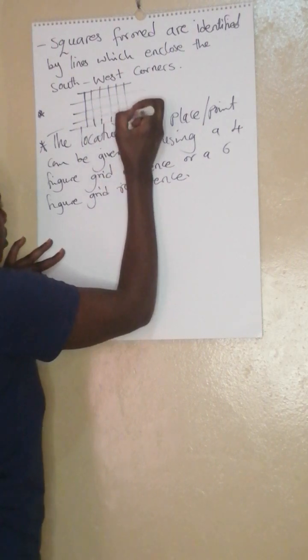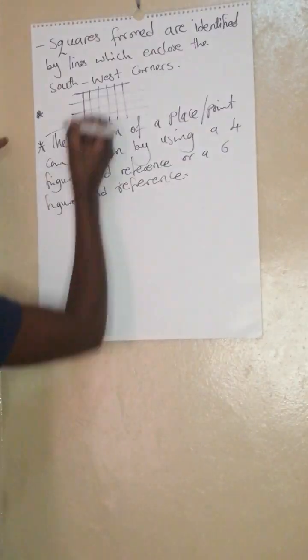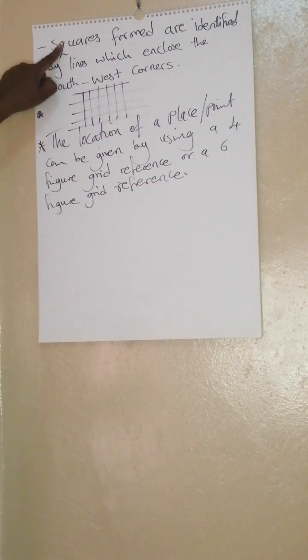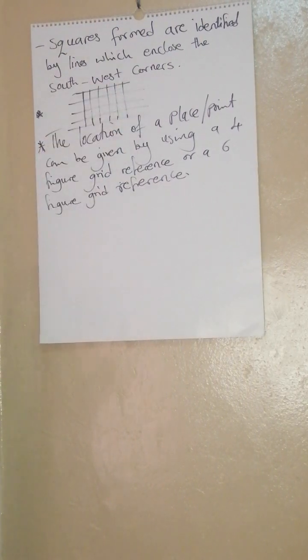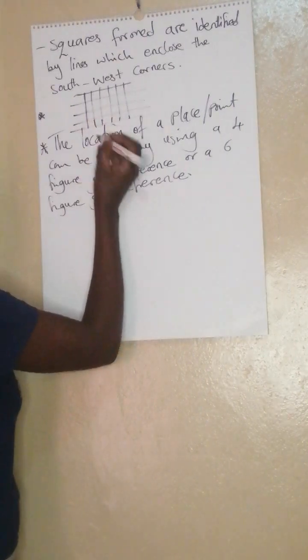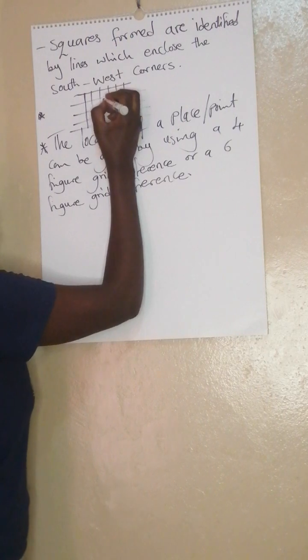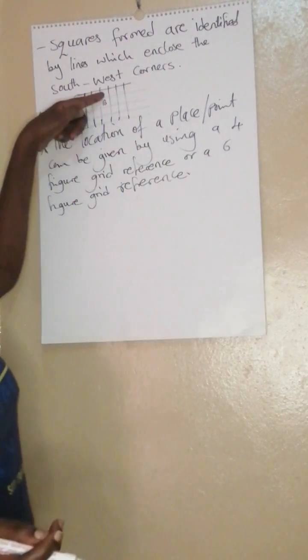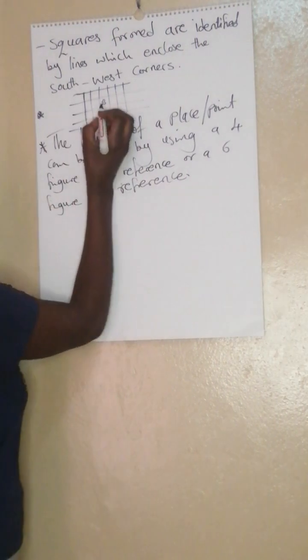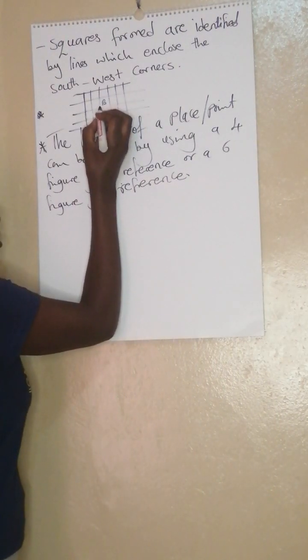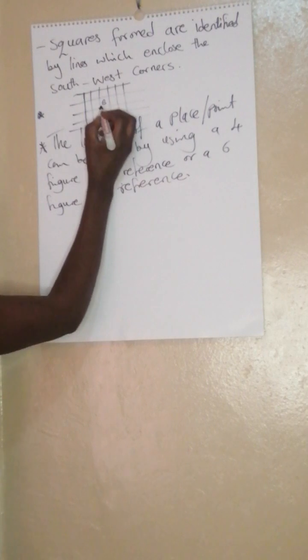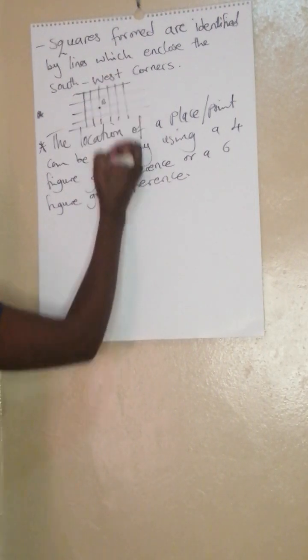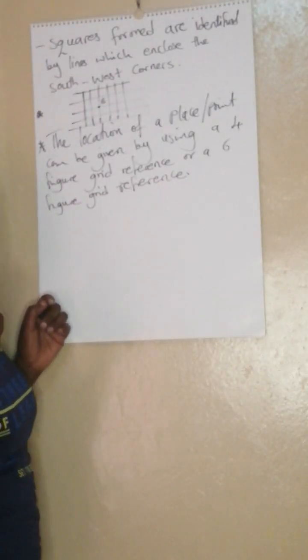What we mean is that if this is point B, for me to tell the location of point B, I need to go to this corner and identify the numbers for the lines that are crossing at that point.